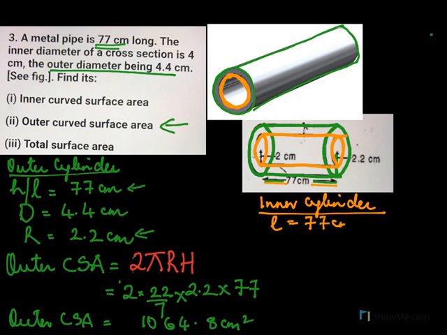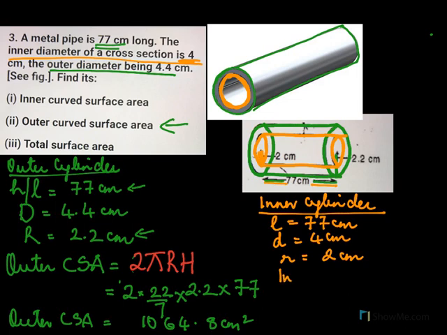Here we have the inner diameter, we'll take it as small d, and the inner diameter is given as 4 centimeters. So the R will be 2 centimeters. Here the inner R is marked, have you seen?